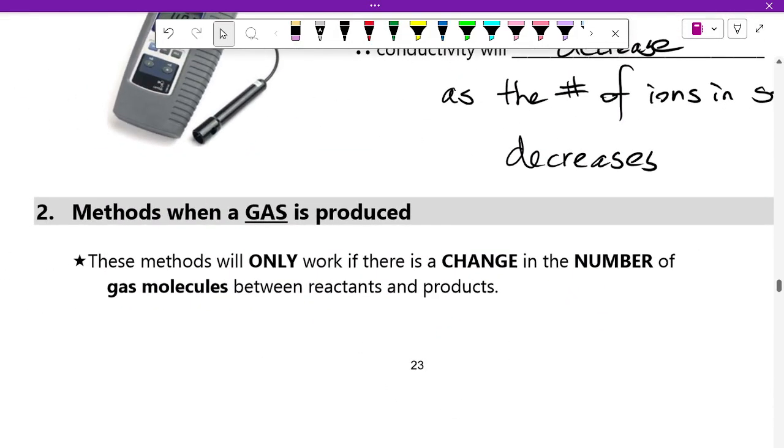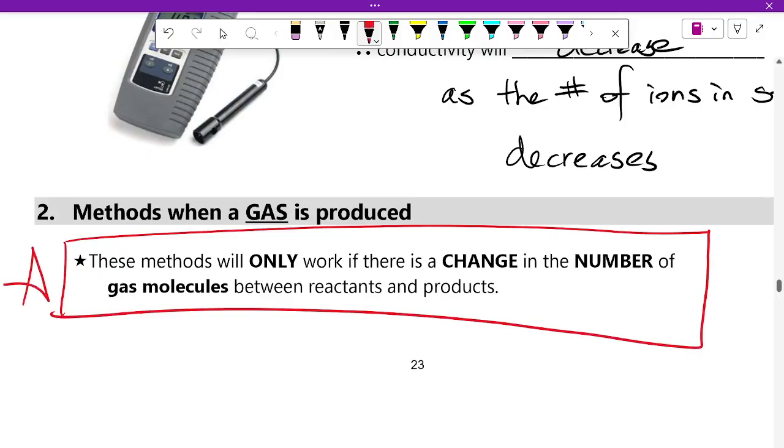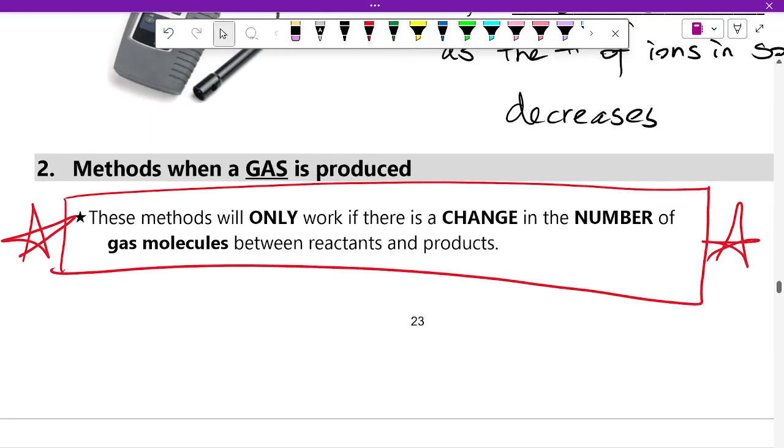Now, if you have a gas, it only works if you have a change in the number of moles of gas molecules. So if I had a reaction like this, H2 plus I2 gives 2HI, and those are all gases.